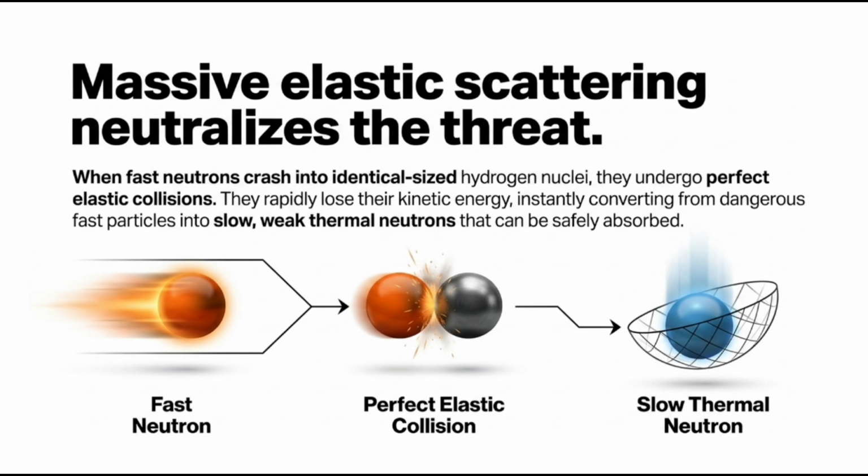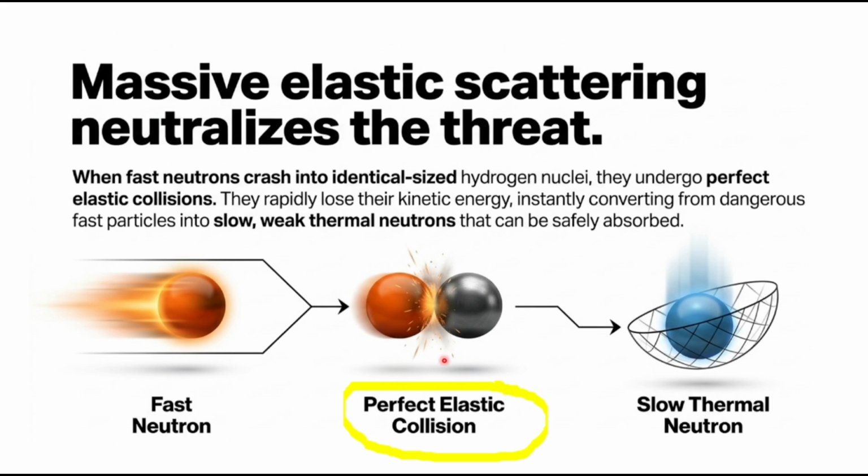We just saw how hydrogen is the perfect physical match for a fast neutron. Now look at the exact sequence. When these highly dangerous fast flying neutrons crash into these identical sized hydrogen nuclei, they undergo what we call a perfect elastic collision.